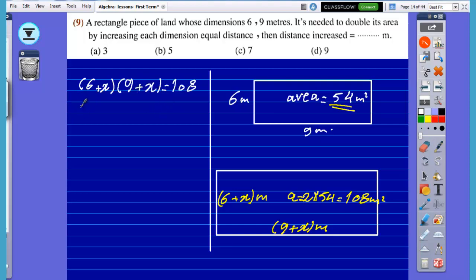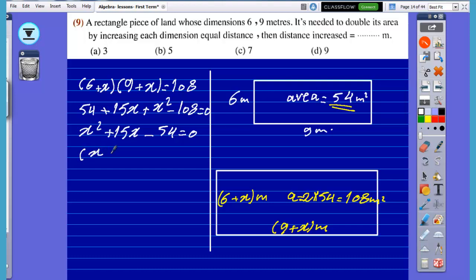So 6 multiply 9, it is 54, plus 9x plus 6x, it is 15x, plus x square minus 108 equals 0. And we will arrange it. We have x square plus 15x minus 108 plus 54, it is negative 54 equals 0. And now we factorize it.